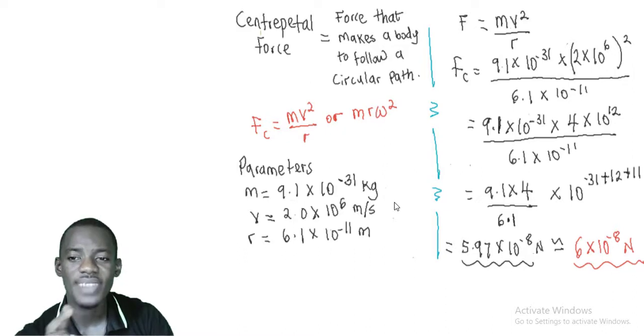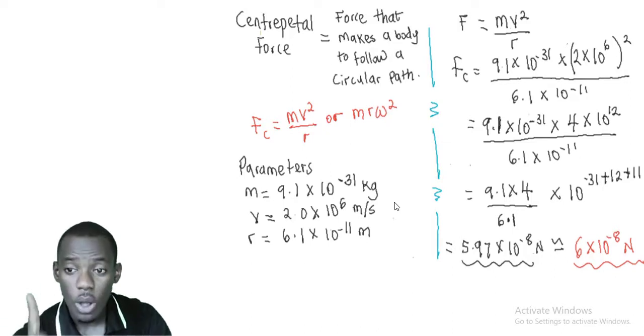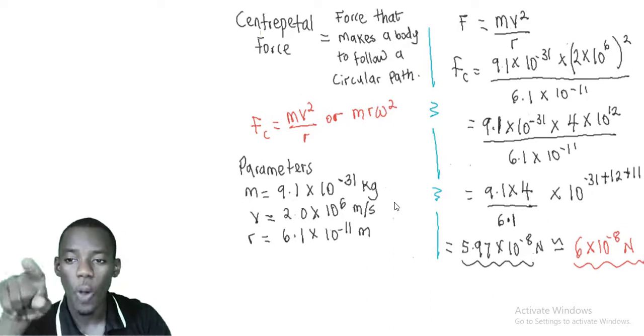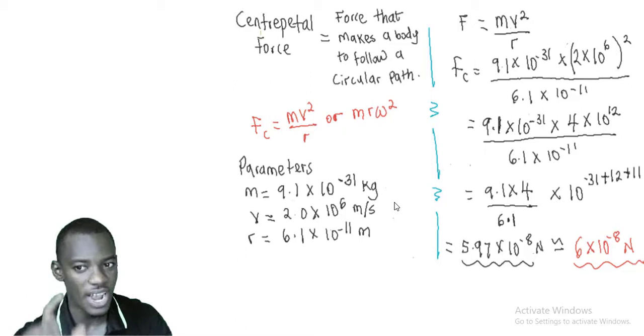Remember I said whenever you have questions that have 10 to the power something, don't do the 10 with the numbers. So I separate 9.1 times 4 divided by 6.1, the numbers, and then the powers of 10: 10 to the power minus 31 times 10 to the power 12. But the one below, 10 to the power minus 11, has to come up. Whenever minus goes up, it becomes plus. Don't forget that style.